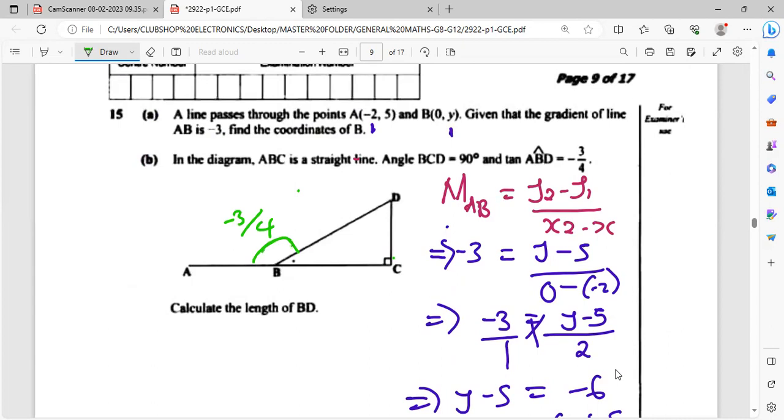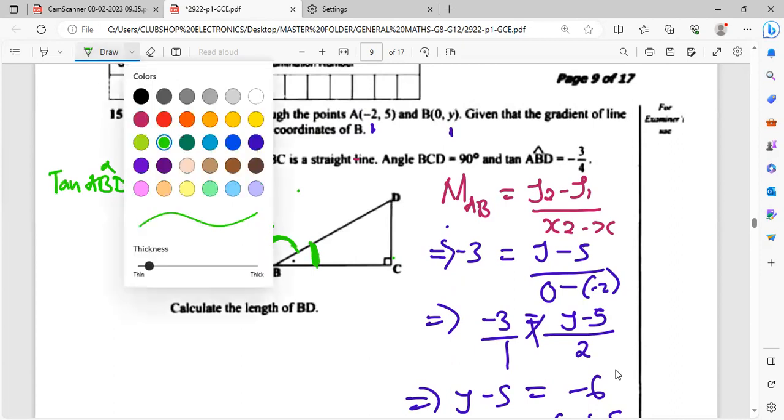Since it is outside here, we consider the tan of the angle inside. It simply means we are saying tan ABD is -3/4, meaning that the one that is outside is in the second quadrant.